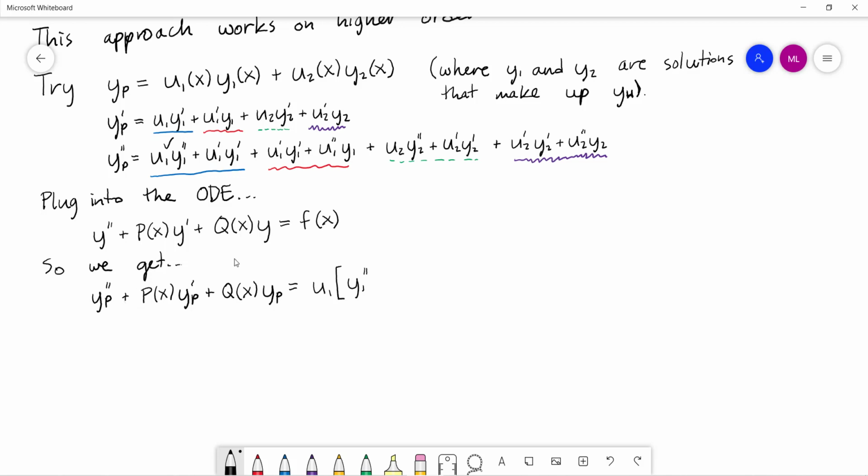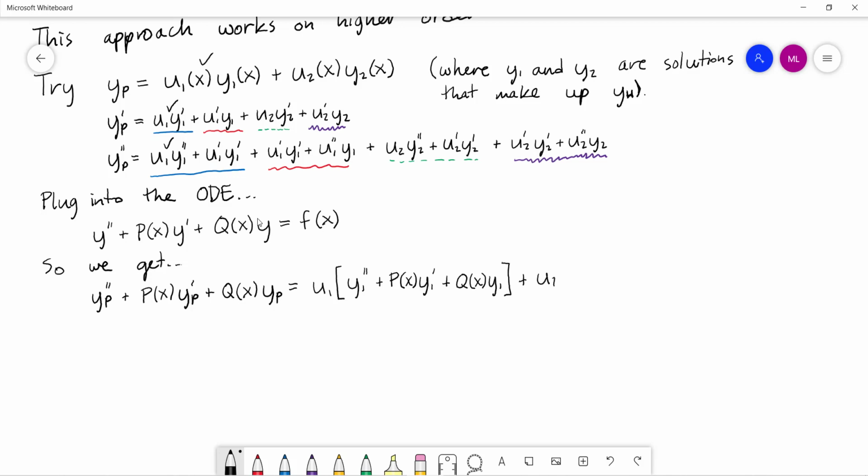Plus p of x times y1 prime. That's going to be this term that I've taken care of, that I've factored the u1 out of. And we've just plugged it in here. Plus q of x times y1 itself. And that's going to be this term up here when I plug this one in. So I've taken care of this term, and this term being plugged in respectively to part of this, and part of this.